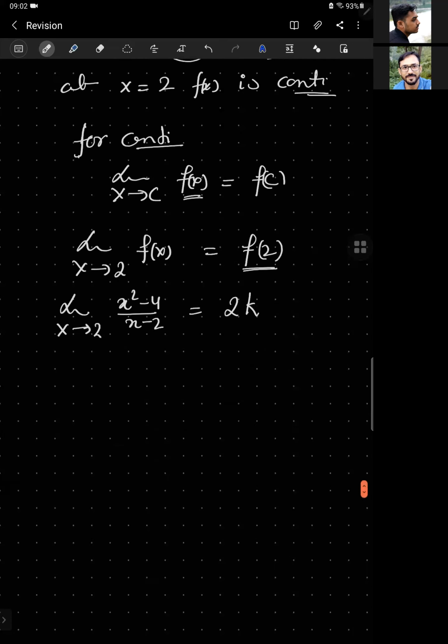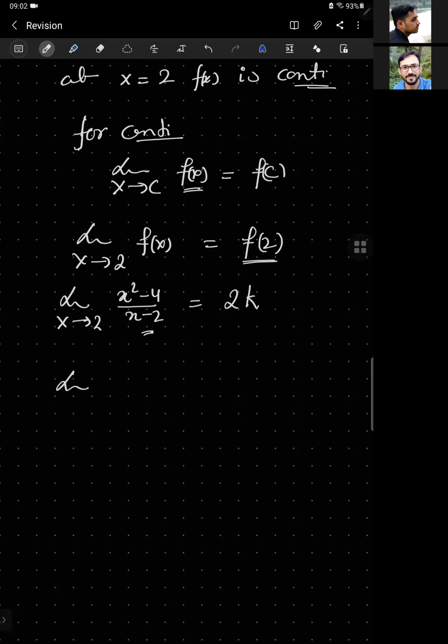So let us simplify this. Limit of x tends to 2, x square minus 2 square upon x minus 2. Limit of x tends to 2, x minus 2 into x plus 2 upon x minus 2.